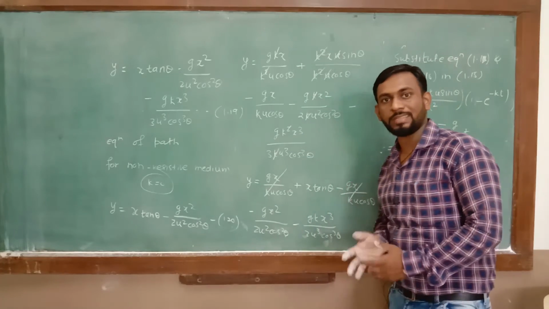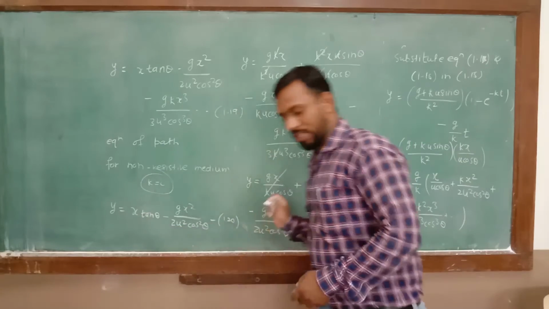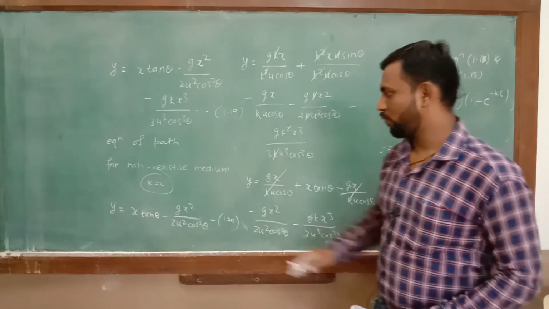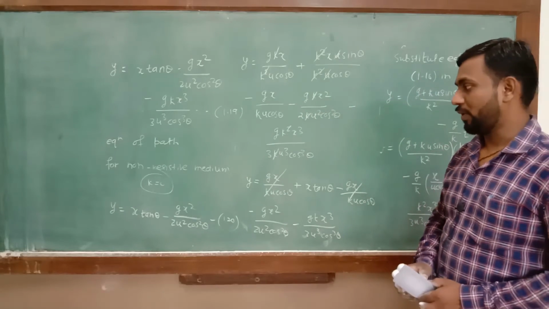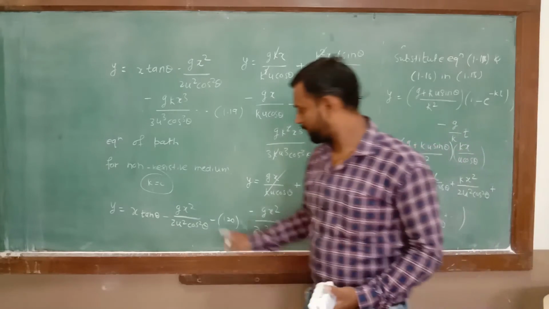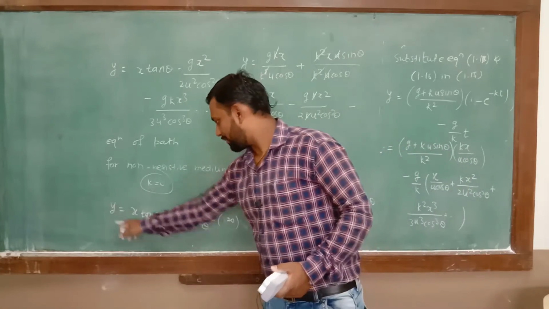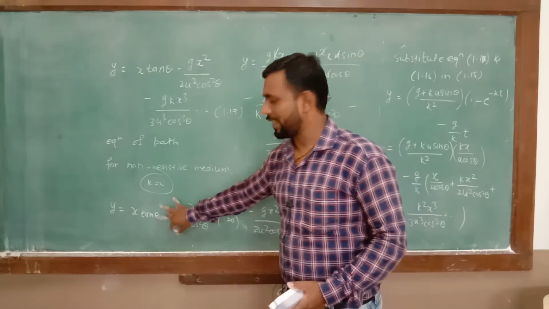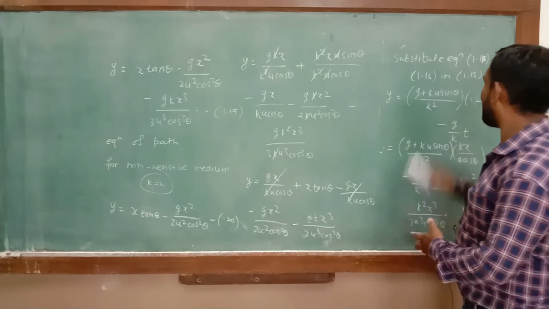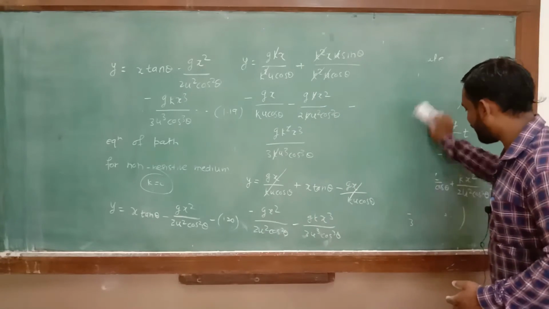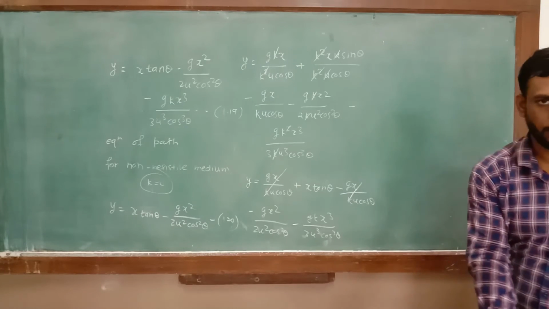So if there is no resistive medium present, in that case the equation of the path is y is equal to x tan theta minus gx square upon 2u square cos square theta. So look at these values. You come across such kinds of equations, and this equation is the equation of a parabola. So in that case you clearly distinguish the effect of the resistive medium on the motion of the projectile.